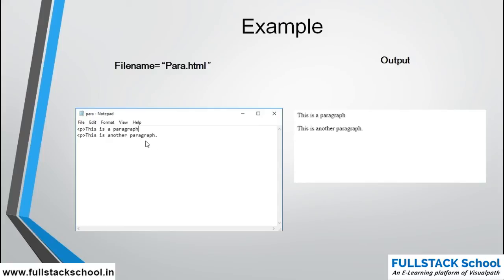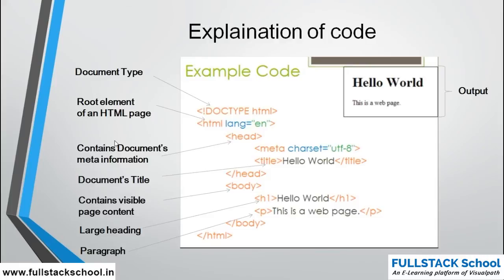The output of this you can see in the browser: this is a paragraph, and this is another paragraph, which is the output of the input you have written in the notepad. Next, we'll see an explanation of the code we write in the notepad.